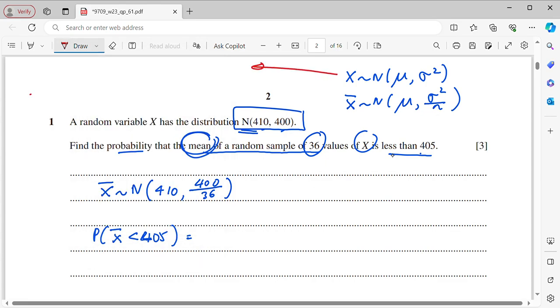When we standardize a normal random variable, if it is x, it will be z equals x minus mu over sigma. But right now we are solving for x bar. Therefore, it will be z equals x bar minus mu over square root of sigma squared over n. That means basically we are taking the square root of the variance.